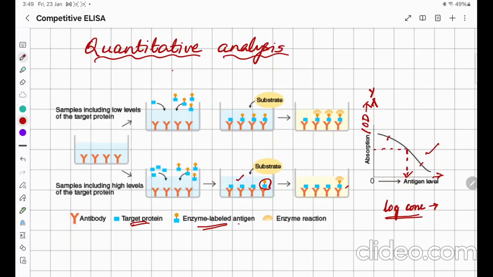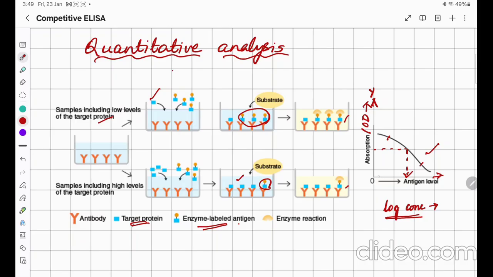Whereas in case of a low level of the target protein, say low antigen, there is higher binding of the enzyme labeled antigen and there will be high intensity of the color, and because of that the optical density will be higher.